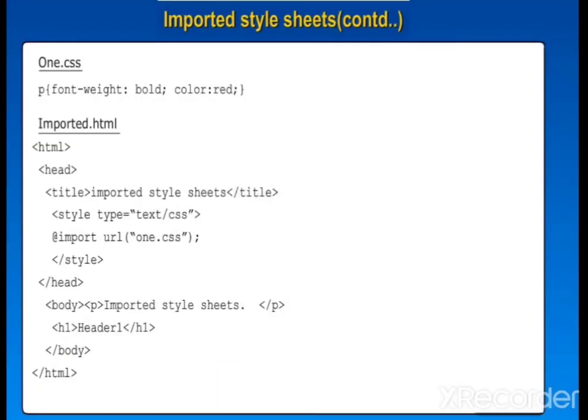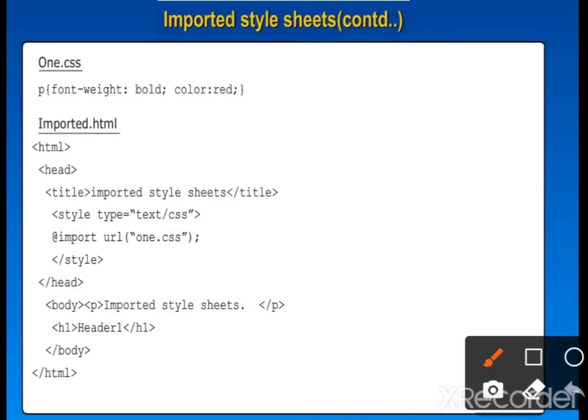Here is the document for the imported style sheet, one example. See here, HTML is opened, head is opened, title, after that the style tag is opened here, and we are using the import keyword here: import and URL one.css.